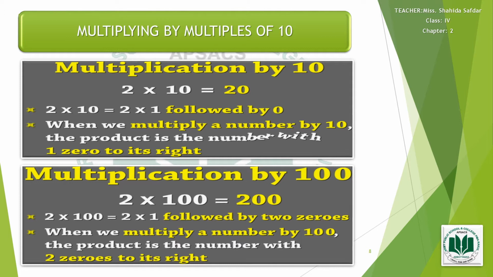For example, when we multiply 2 with 10, the answer is 20. When we multiply a number by 10, the product is the number with 1 zero to its right. Similarly, when we multiply any number by 100, again we get the product, which is the number with 2 zeros to its right.